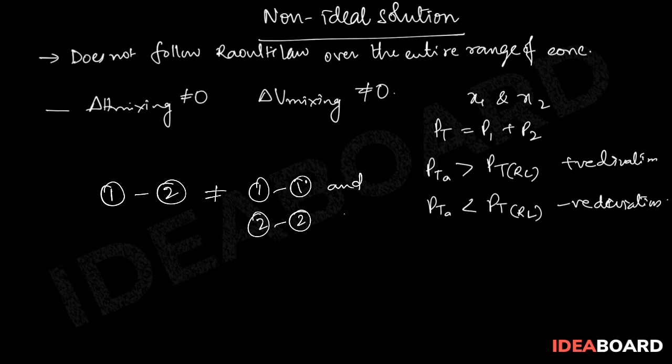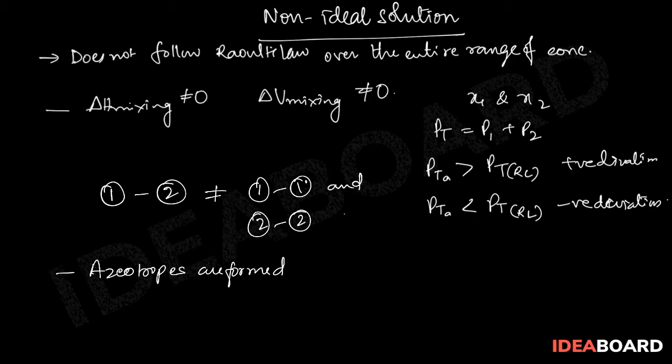So because of which the solutions deviate from ideal behavior. As a consequence, they generally form what is called azeotropes. So azeotropes are formed. We will see what is azeotrope and what are azeotropic solutions surely.